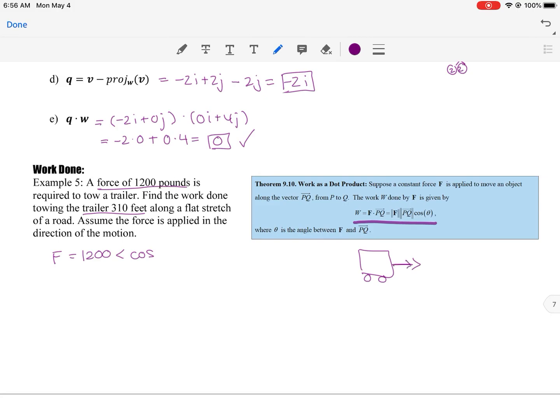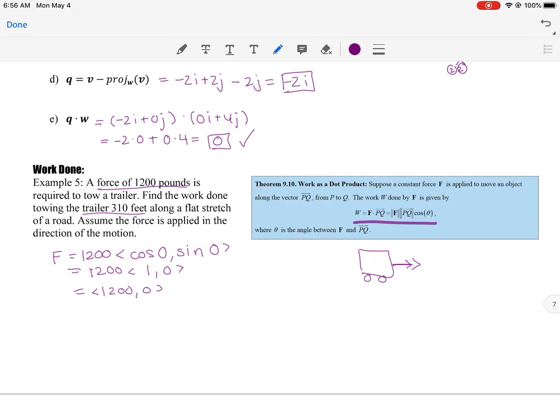The direction it's moving and the force are the same, so it's going to be an angle of 0. Cosine of 0 will be 1, so you can think about it literally as 1,200 times 1, 0. So that force vector is going to be 1,200, 0.